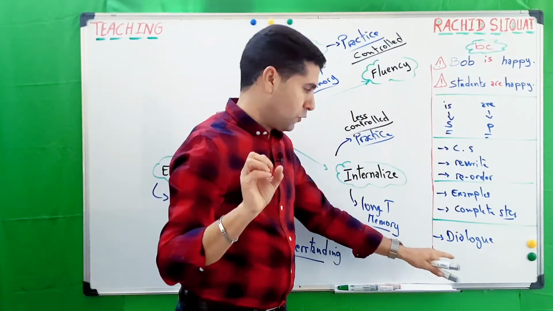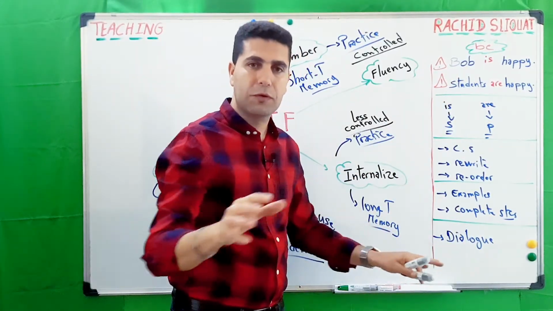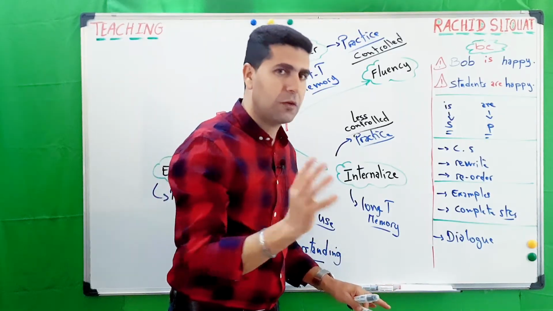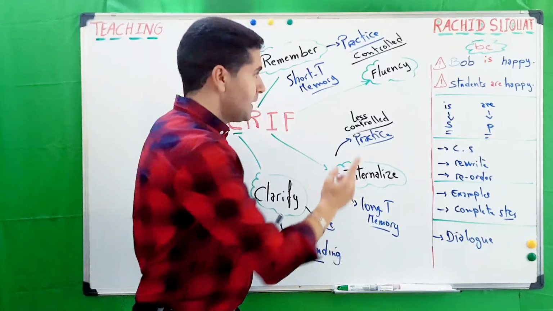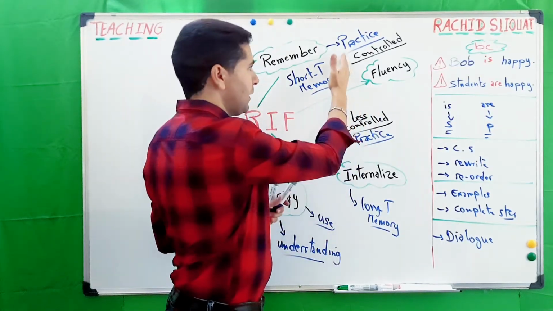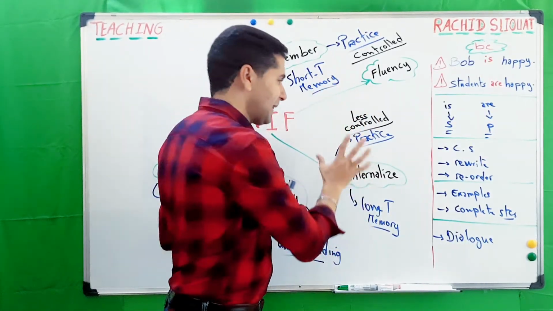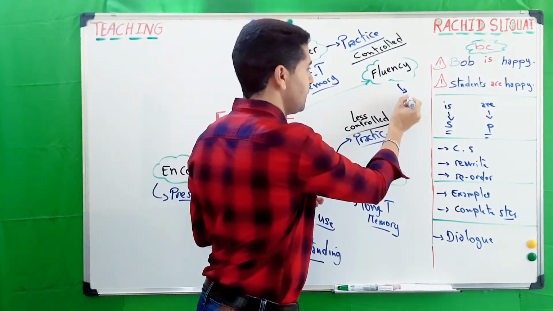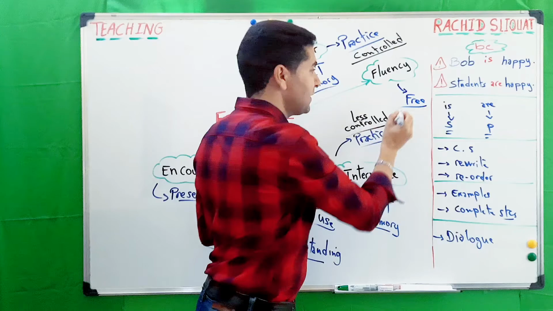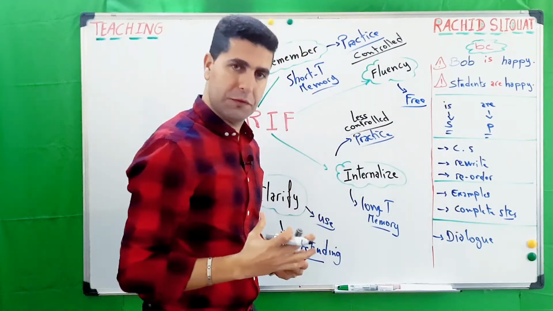Your job as a teacher is just to move around and listen, to check whether students are using the language item being taught or not. Here we talk about controlled practice, less controlled practice, and here we talk about free. So this one is free use, spontaneous, fluent use, okay?